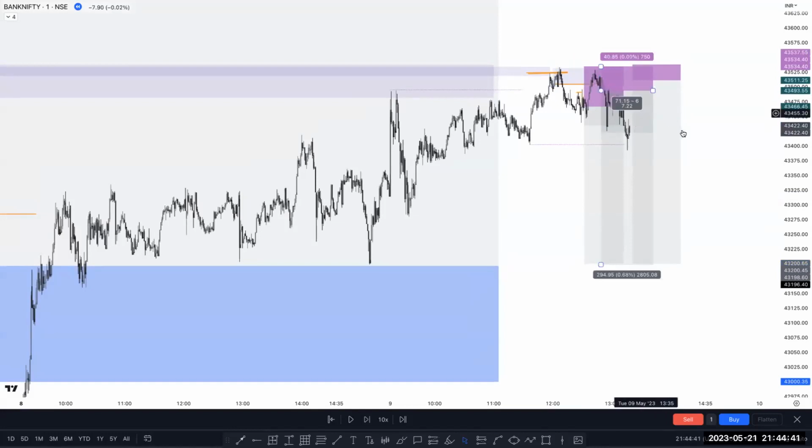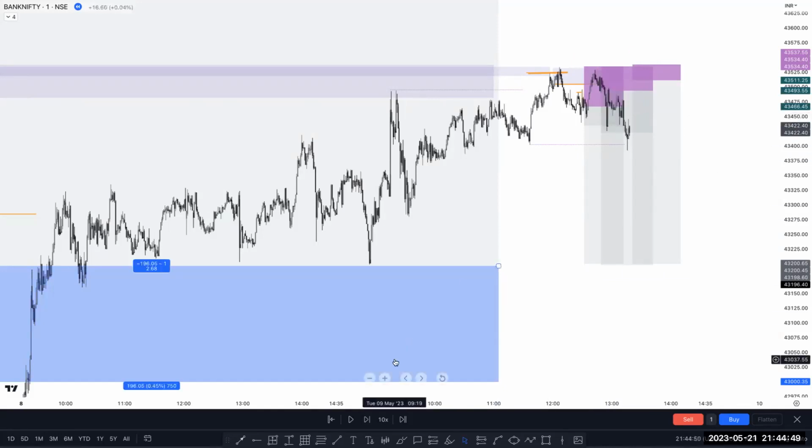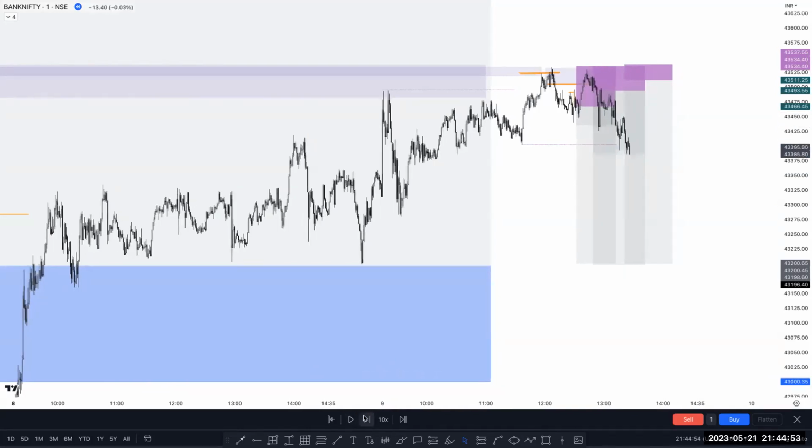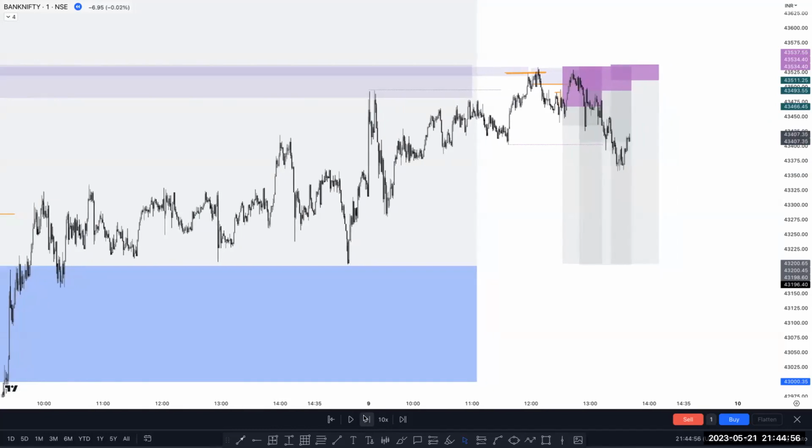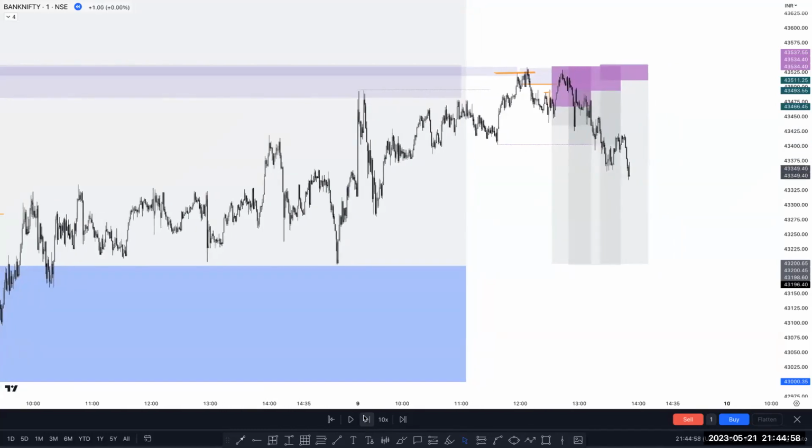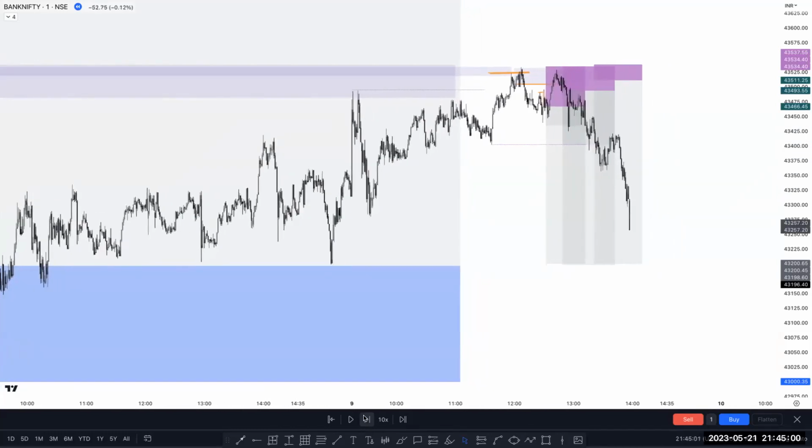But at this point, I will suggest you to put the stop loss on break even, not a partial, because market just dropped almost 1 or 2 hours. Okay, now you can take a partial here because market dropped a very heavy downside move.